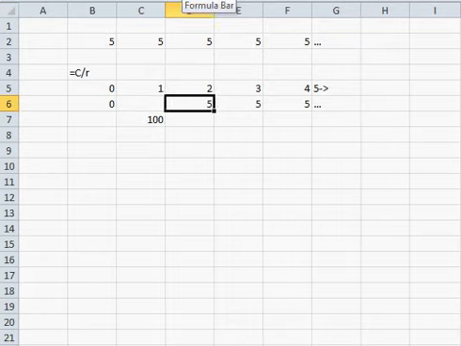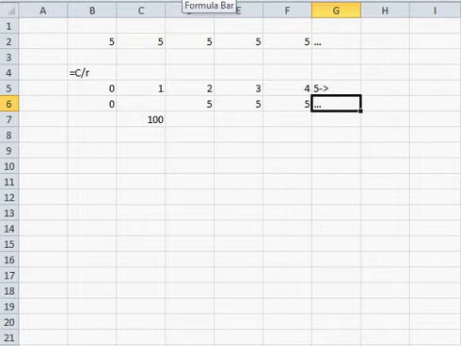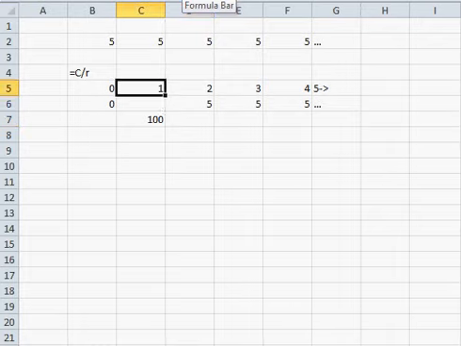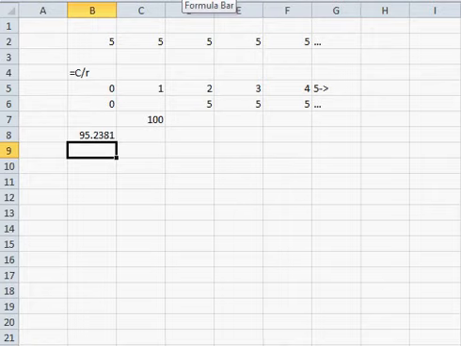And I get 5, 5, 5, 5 forever. That's worth $100. Well, that's the present value of that stream. So 5's forever, starting with interest starting to accrue in year 1, is worth 100 in year 1, which means in year 0, it's worth 100 divided by the discount factor, right?